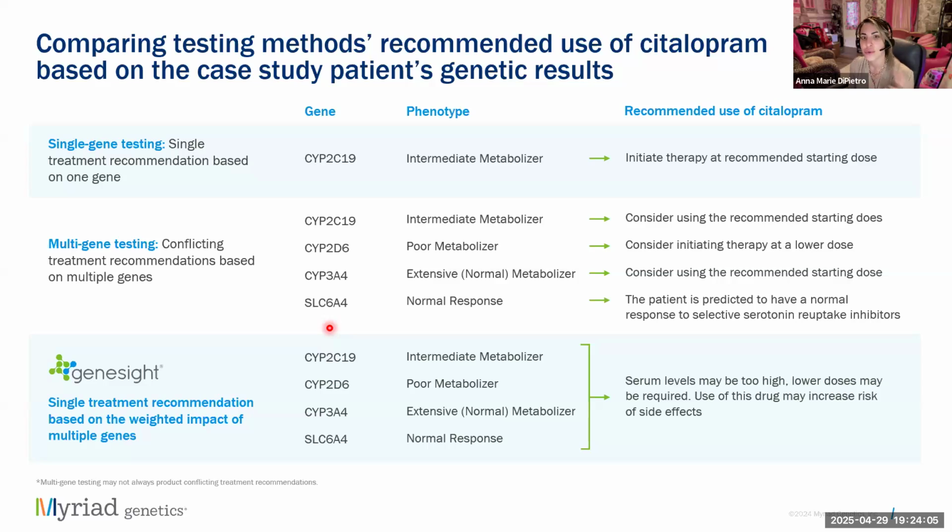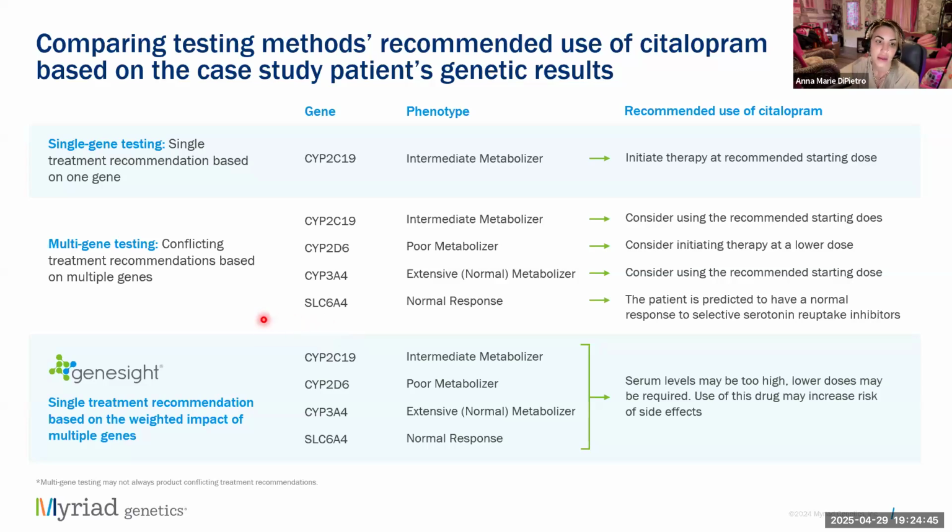And then I have 2 others that are telling me maybe start it or start the recommended. And now I'm trying to figure out, number one, sometimes these tests don't even tell you for citalopram, look at these individual genes. You might just have all these genes listed and it be summarized elsewhere. Regardless, you wouldn't get one response. You'd be making guesses and assumptions that certainly were not grounded in any sort of evidence-based research at all, just whatever summary we're able to come up with at the time before we make the decision.